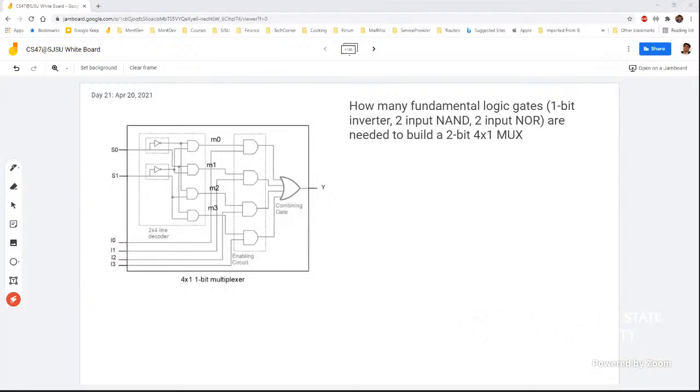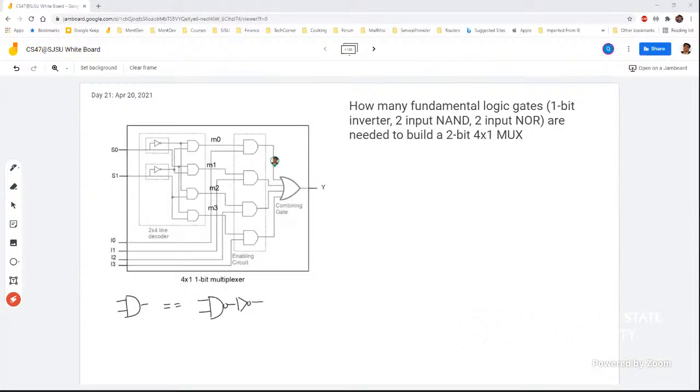We can see definitely there are inverters, right? And each 2 input AND gate is equivalent to a 2 input NAND followed by an inverter. This is an AND gate. And then we have one big 4 input OR gate, right?